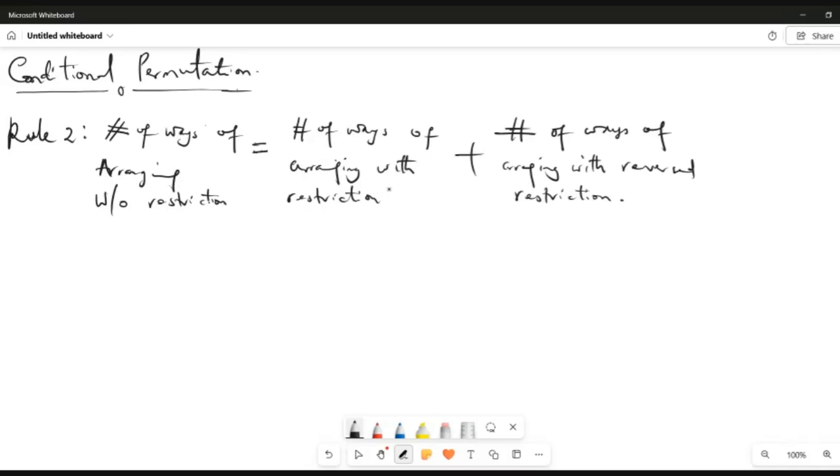Don't mind the handwriting, I don't know what's wrong with my pen. So that is it. This rule is going to save you a lot of stress.